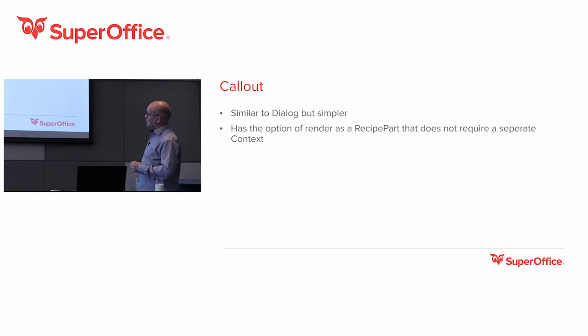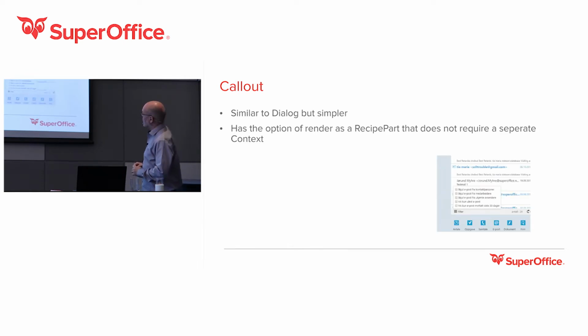A callout can also be just a recipe part, and that's interesting. If we use it in the inbox, we have this button down here called filter, and we wanted to show something to filter the list. This is a recipe part, and that means that it will be instantiated in the same context as the one it was opened from.